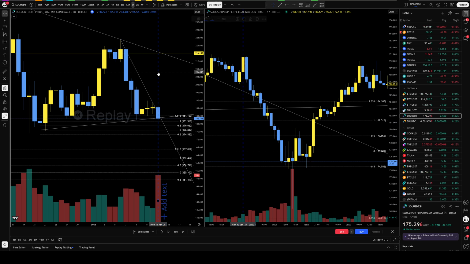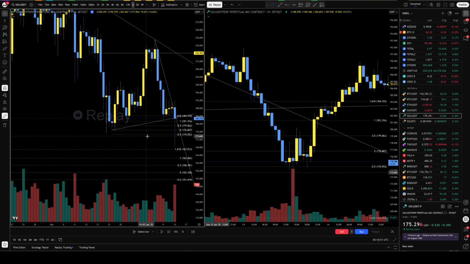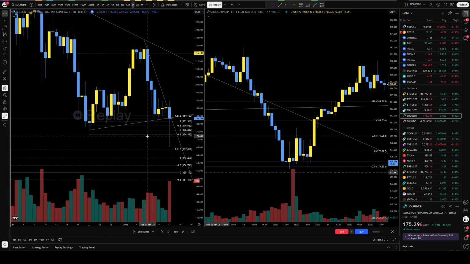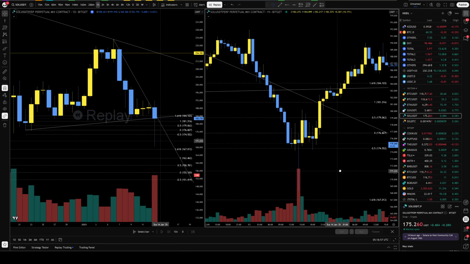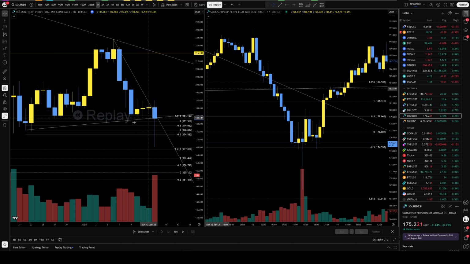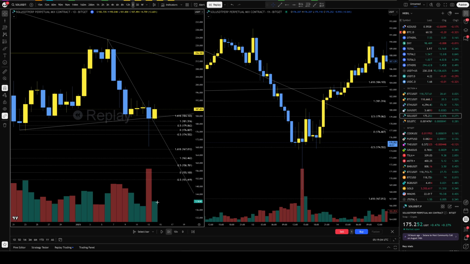I don't think it actually entered that bottom one either. It didn't enter our bottom one. So if your position sizing was very small, that would have played out.